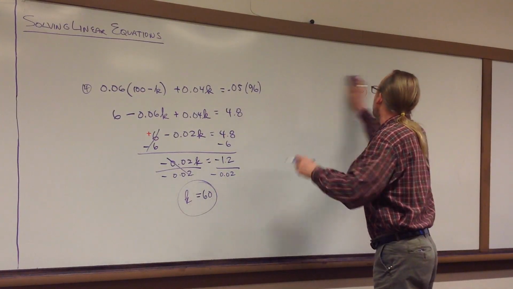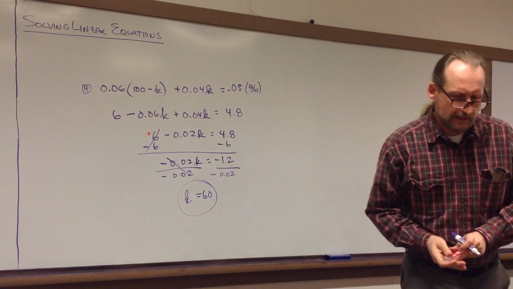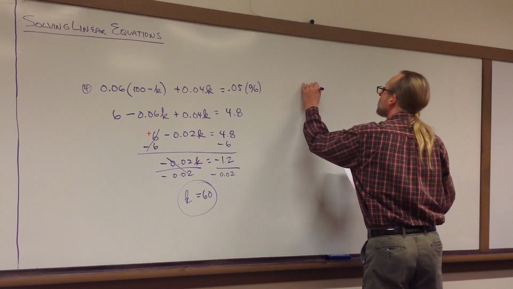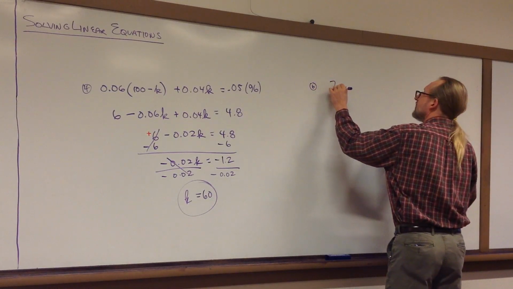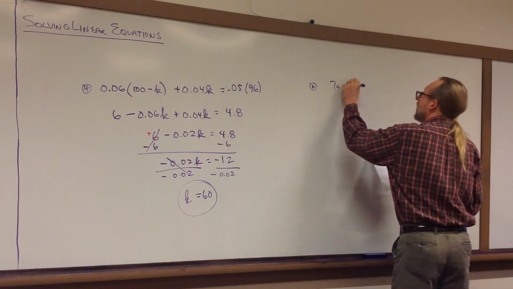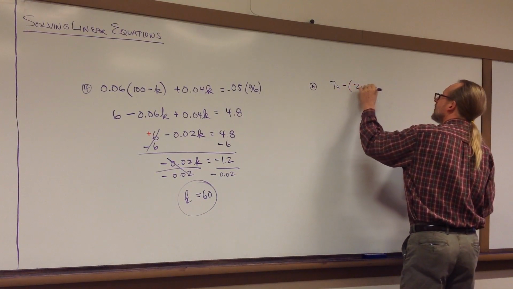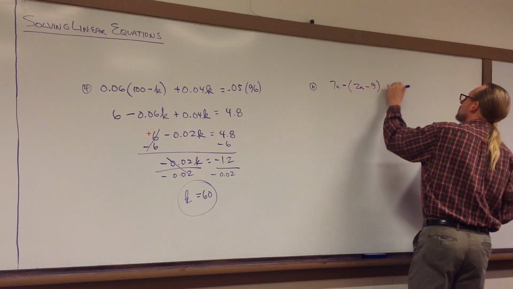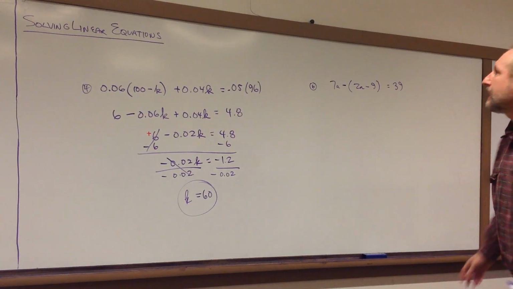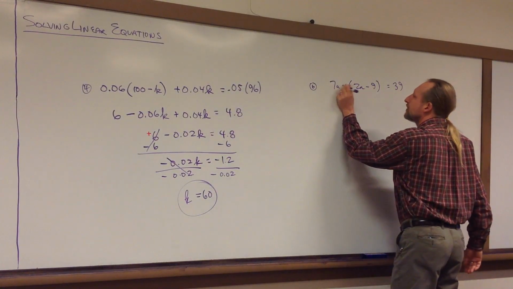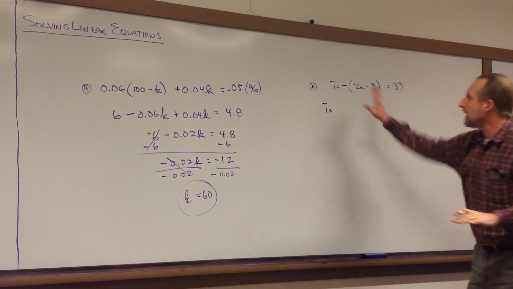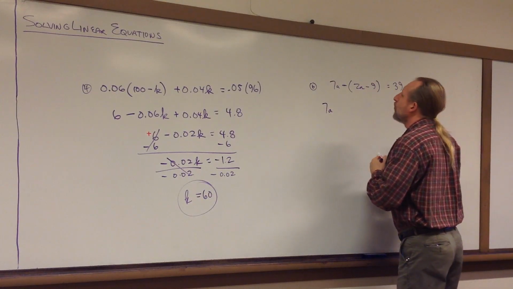All right. Let's look at problem 6 here. 7a minus parentheses 2a minus 9 equals 39. Right? So the subtraction sign, or that negative sign in between the 7a and the parentheses, means that this 7a is just going to stay here for a minute by itself, and that there's a hidden 1 right here.